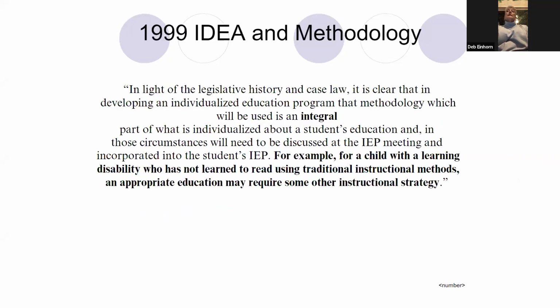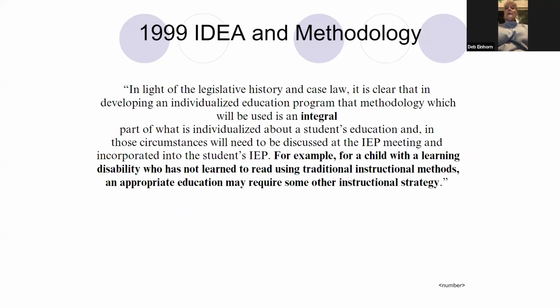So in 1999, what the legislators said was, in light of the legislative history and case law, it's clear that in developing an IEP, that methodology, which will be used as an integral part of what is individualized about a student's education, in those circumstances will need to be discussed at the IEP meeting and incorporated into the student's IEP.